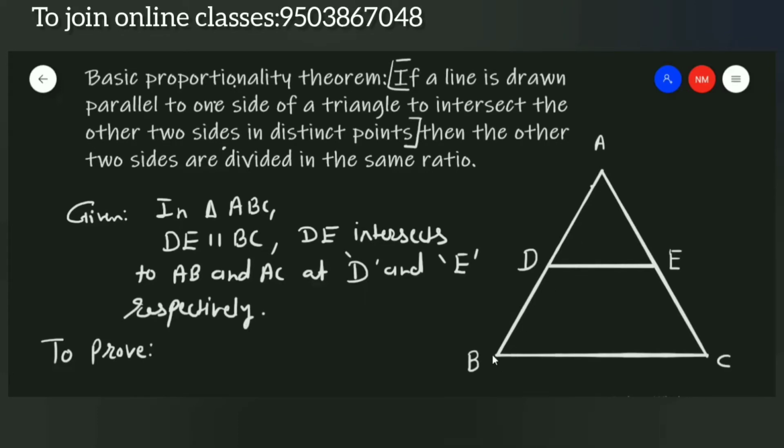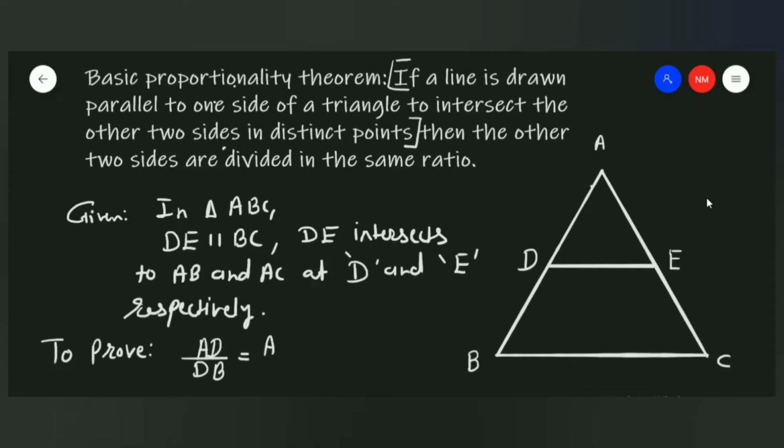So the ratio is AD upon DB equals AE upon EC. This statement we need to prove.